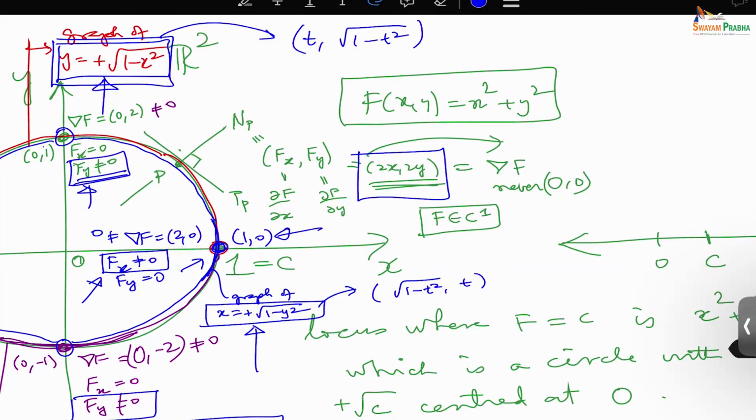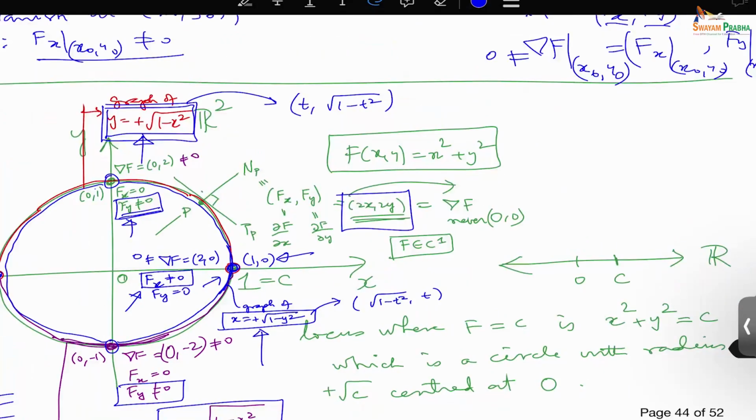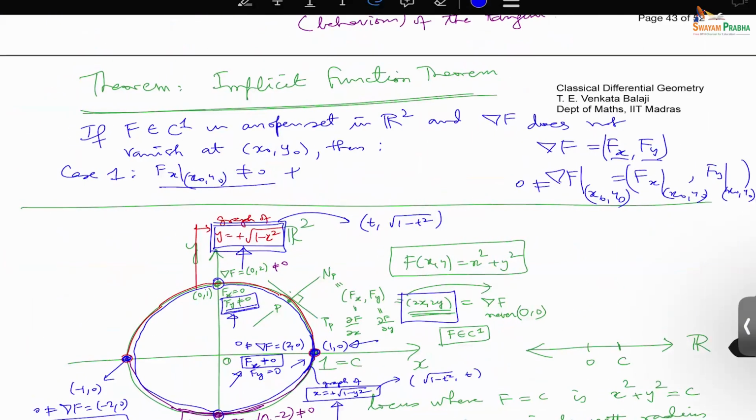So let me write this. Then we can see the locus near x0 comma y0 as the graph of x equal to g of y.